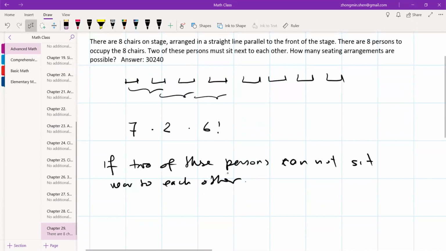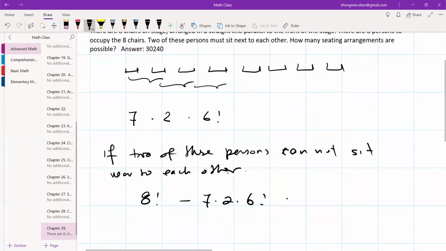Do the subtraction. The total number of arrangements without any restriction is going to be 8 factorial, right? Then you minus this. Then the remaining will be the answer, 30,240. You can multiply this out. It's going to be 30,240.